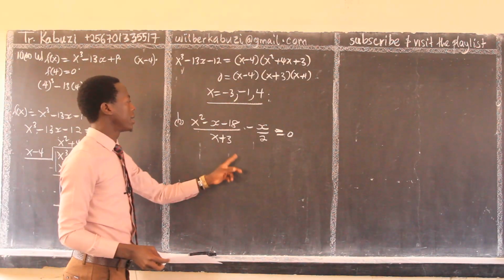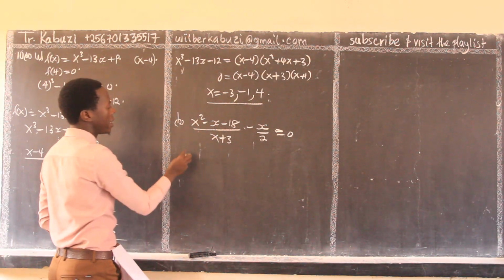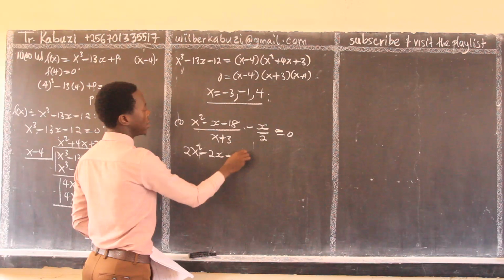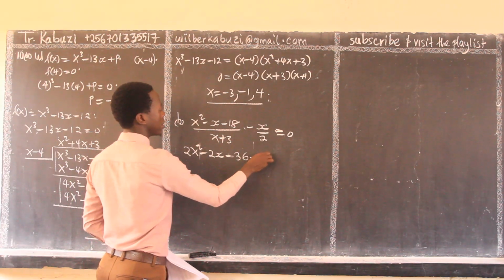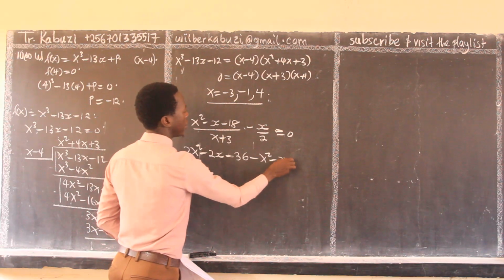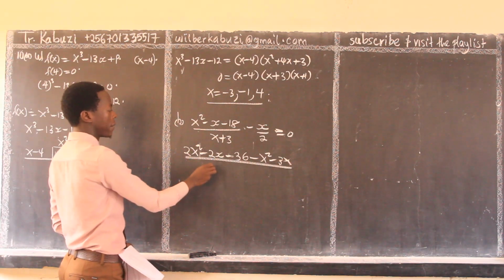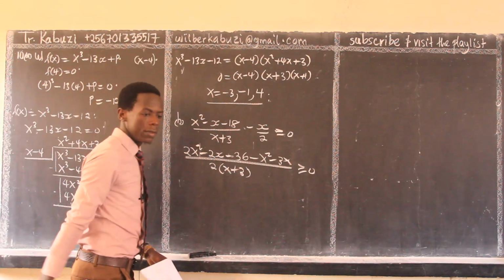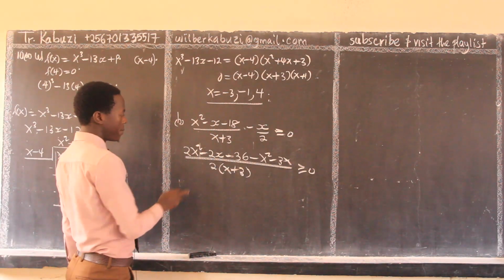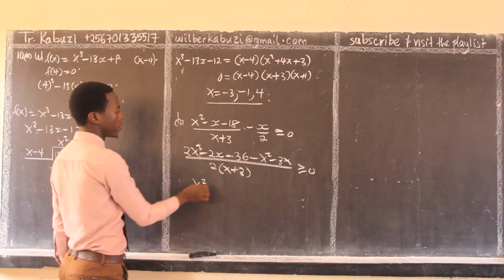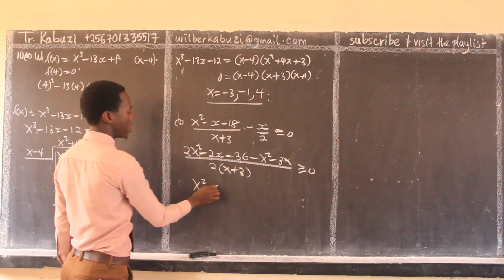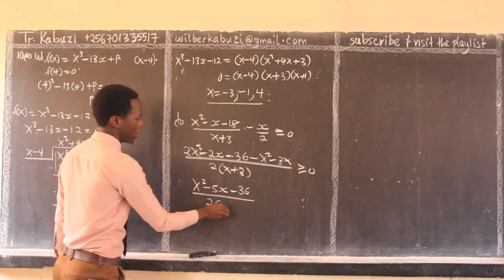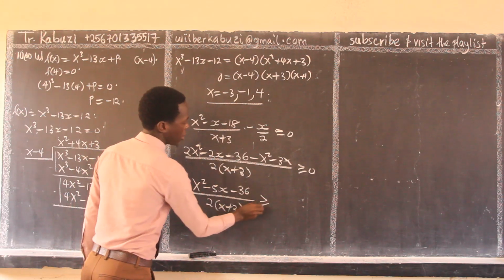Then we cross multiply, then minus the whole thing over, greater or equal to 0. So from there we simplify. This will give us x squared minus 5x minus 36 greater or equal to 0.